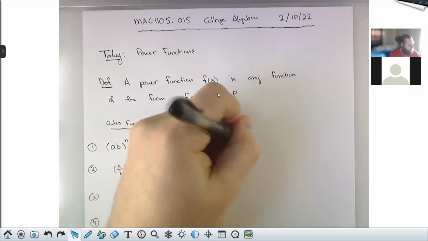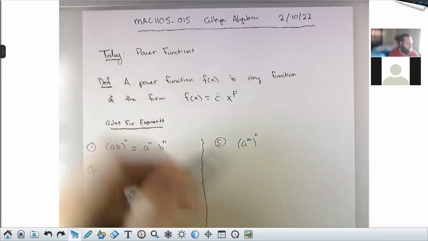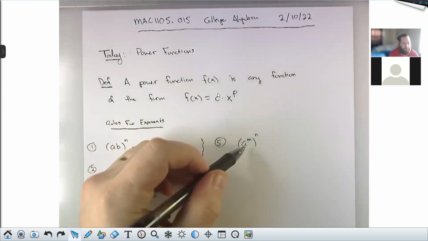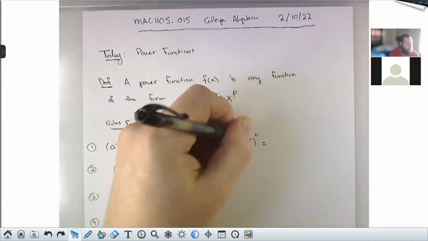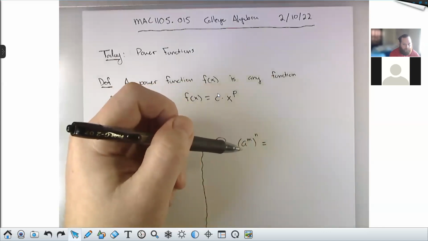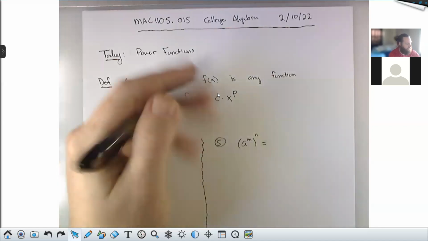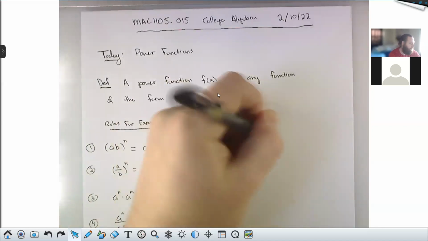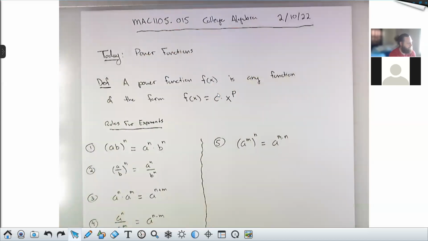If I take a power like a to the m and I raise it to another power like n, this notation means you're going to take a and raise it to the mth power, and then take that whole thing and raise it to the nth power. That's a to the m multiplied by itself n times, which would be a times itself m times, all written out n times. So that is n copies of a to the m. That's going to be a to the m times n.